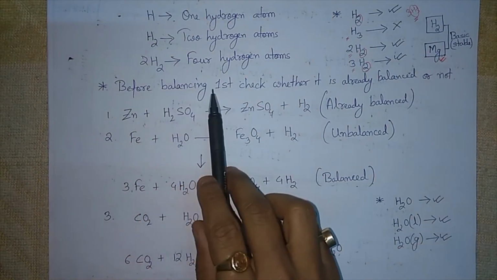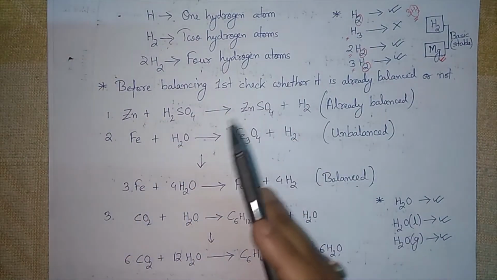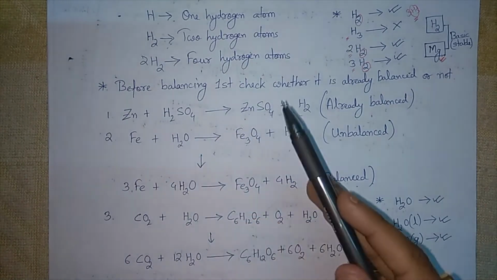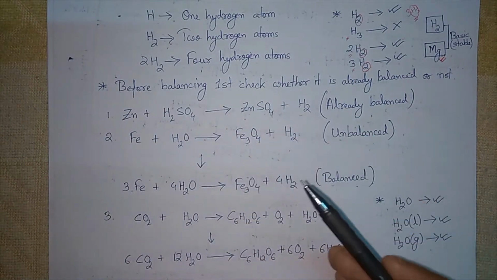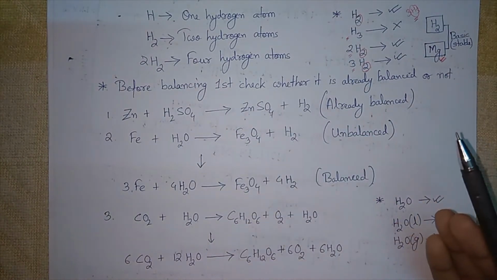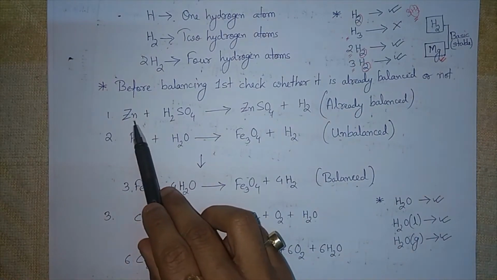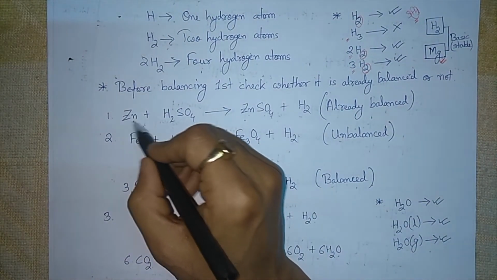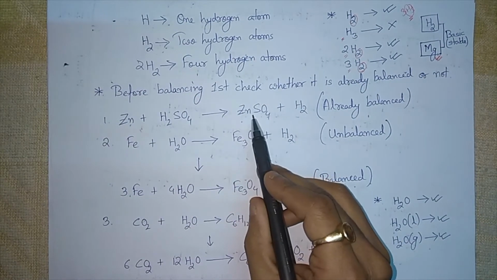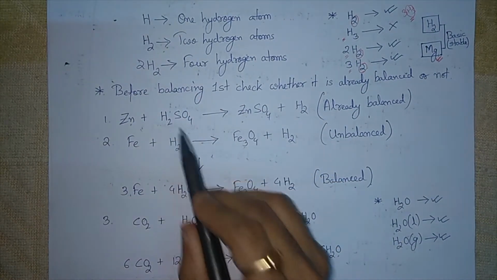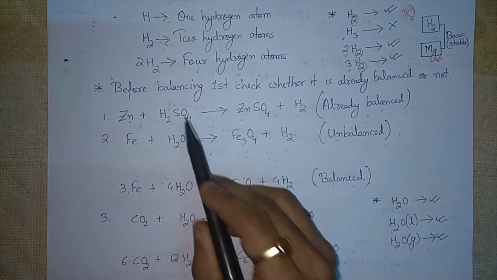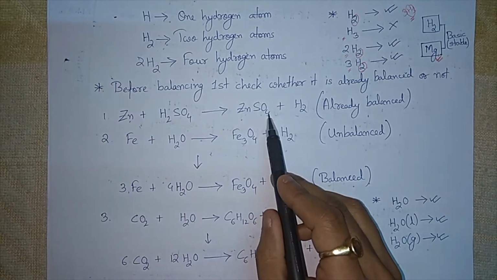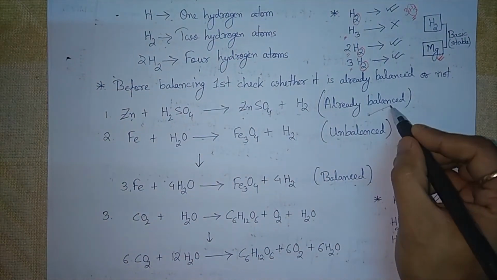Before balancing, first of all, we should check whether the given chemical reaction is balanced or not. If it is already balanced, then there is no need to proceed. So this is the reaction. Zinc 1, 1; H2 2, 2; sulfur 1, 1; oxygen 4, 4. So this is already balanced.